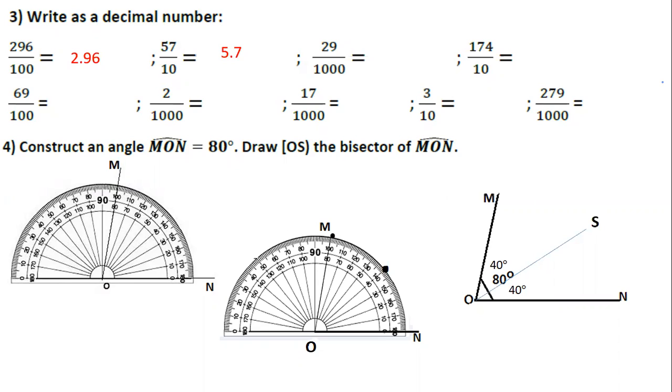Yes, Hassan Bawab. Please write 29 over 1,000 as a decimal number. 0.29. It's not 0.29. Hassan, you should follow the steps. Don't tell me directly the answer. First, we should write 29 as it is. We should write 0.029. Yes, 0.029. Thank you, Hassan.